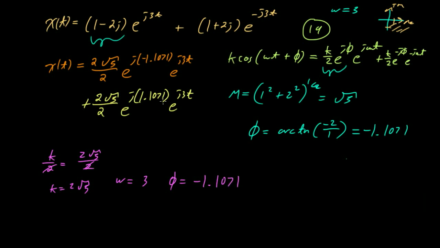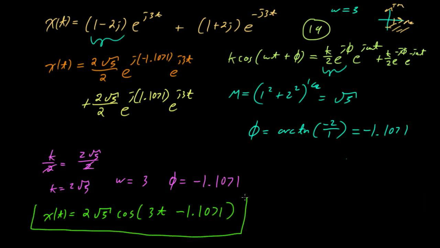I didn't even have to continue on writing out what the cosine was as a sum of complex exponentials. I can just take this information and say that my x of t function is equal to 2 square roots of 5 times the cosine of 3t minus 1.1071.